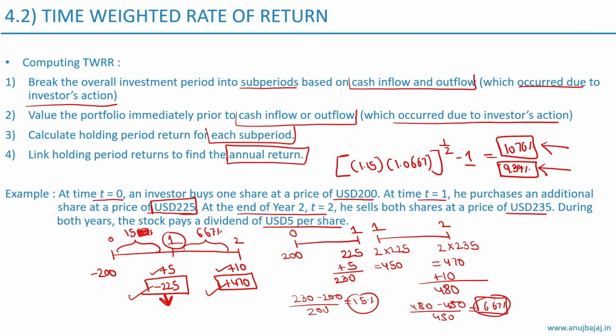Hence, the money weighted return was depressed, but the time weighted rate of return removed these effects of cash flows and gave us a return of 10.76%.